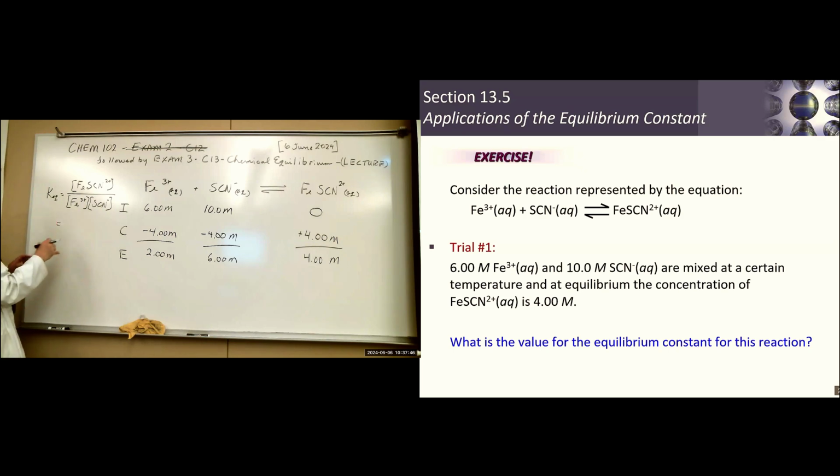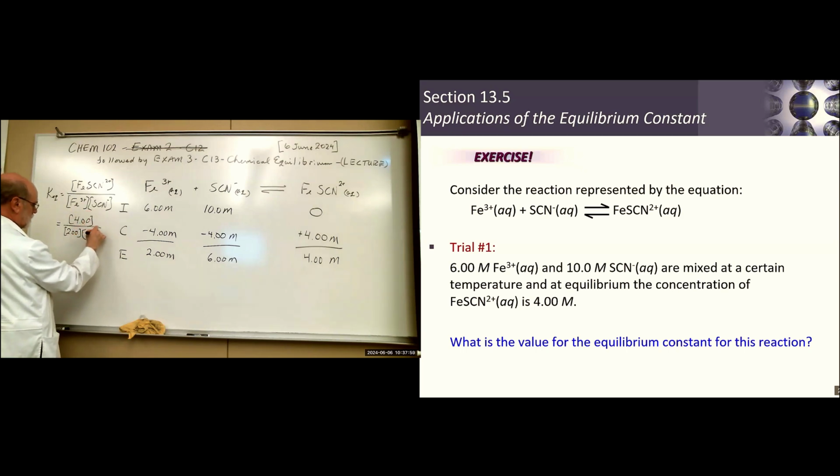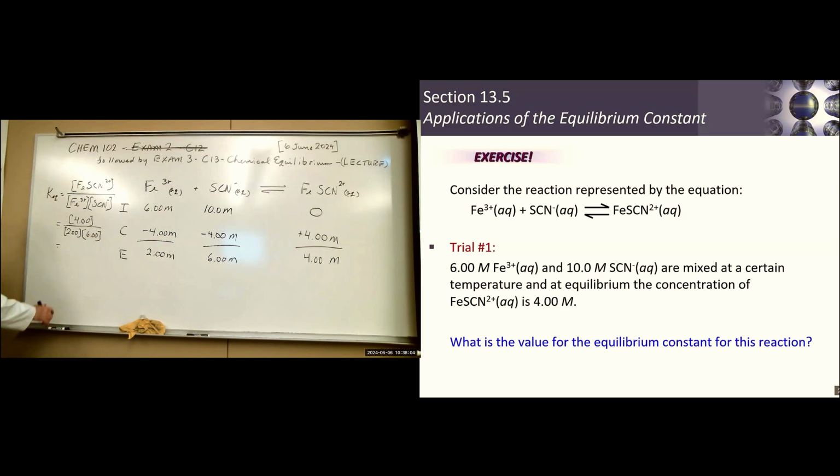So all we have to do is put the values in. I'm not going to write molar in here because we're not going to keep the units anyway. Six. Right? So what's 4 divided by 12? Well, let's do this. 2 into 4 is 2, right? And 2 divided by 6 is 1/3. That's the KEQ for that reaction as given.